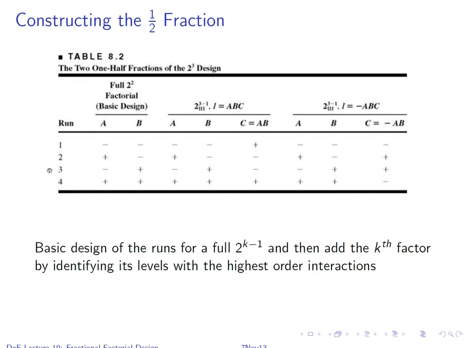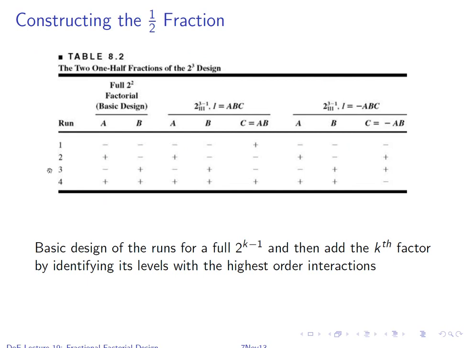So here's how we construct the 1/2 fraction. Now, we went through a case before, but let's simply review that. And this is a general methodology, slightly different than what we did before, but we present it this way so that you can construct it with the knowledge of the design resolution in place, okay?